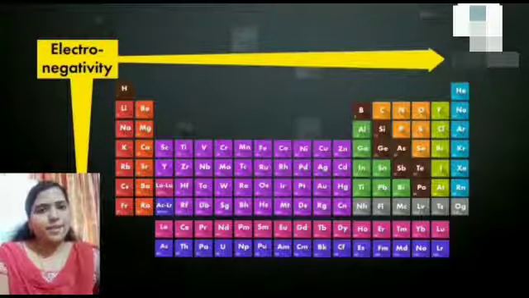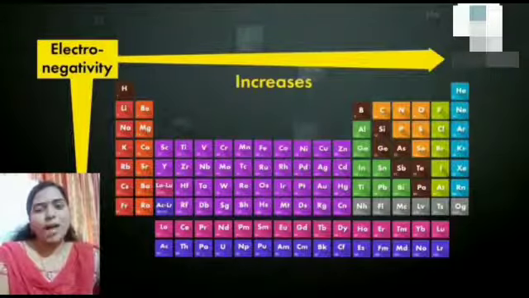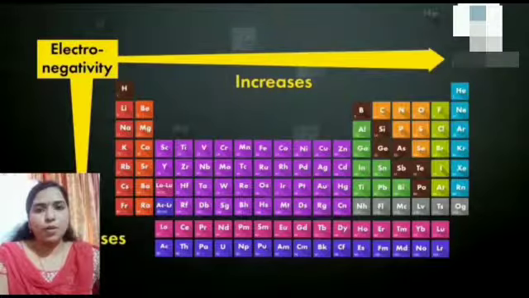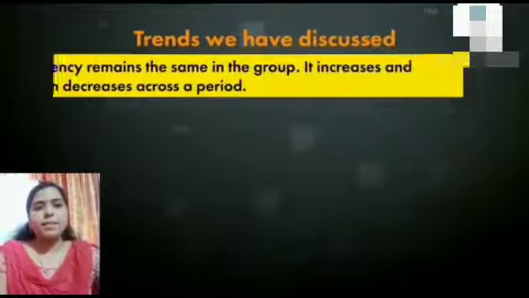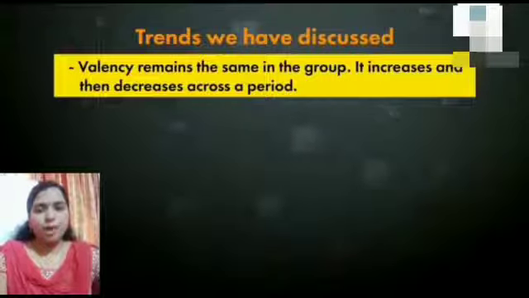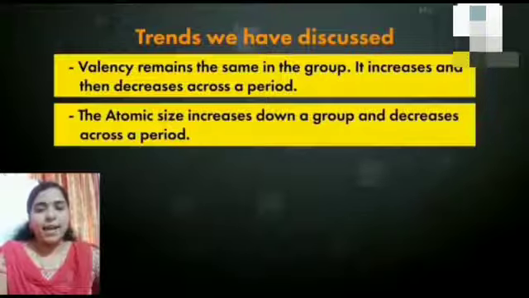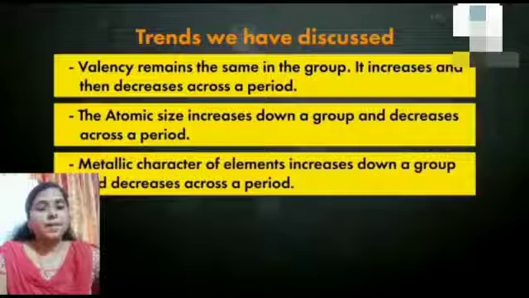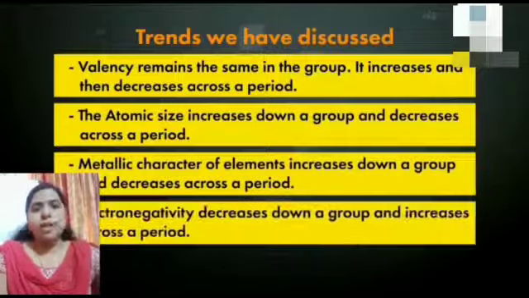Once again, let us see all the trends we have discussed here. Valency remains the same in the group. It increases and then decreases across a period. The atomic size increases down a group and decreases across a period. Metallic character of elements increases down a group and decreases across a period.